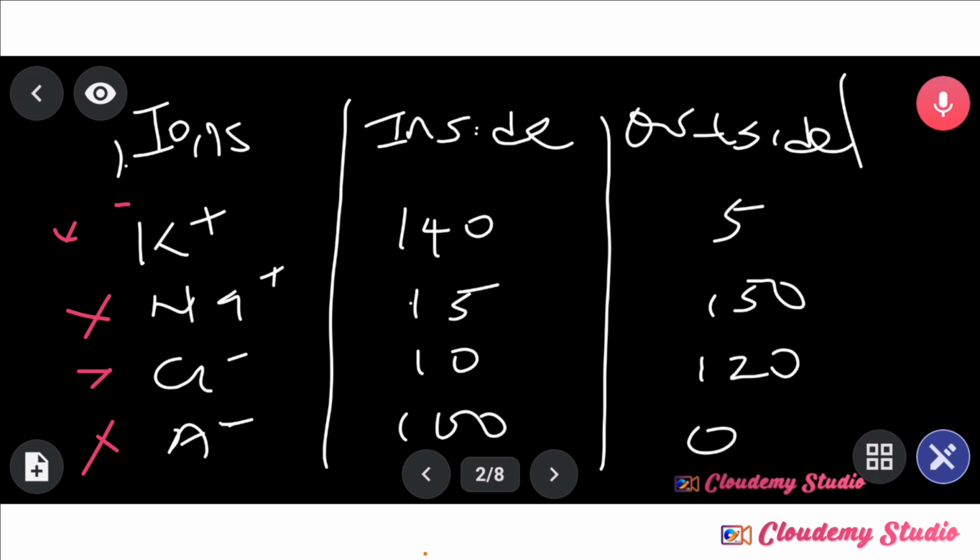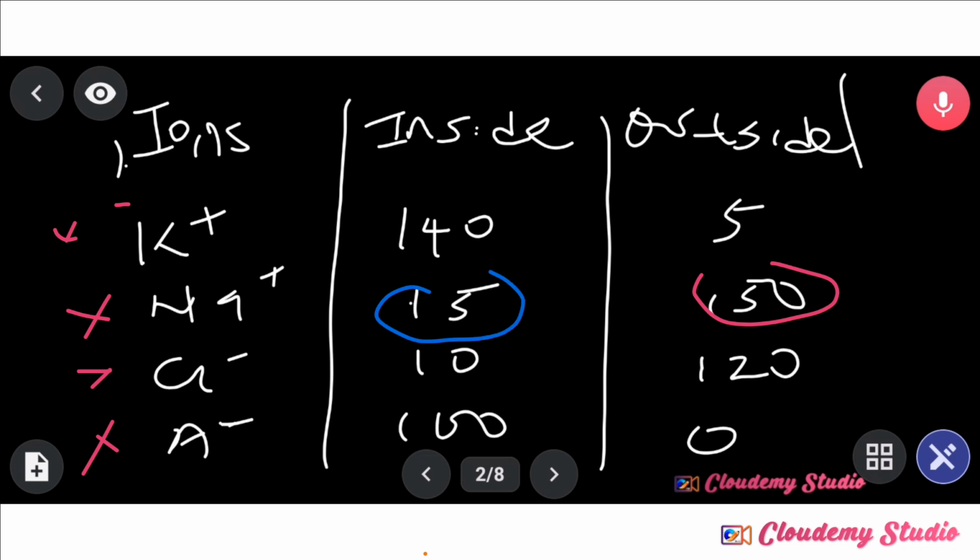You understand? The differences in the number of ions in the interstitial fluid as well as the extracellular fluid are so pronounced that we have approximately 10 times more sodium ions outside of the cell when compared to inside of the cell.